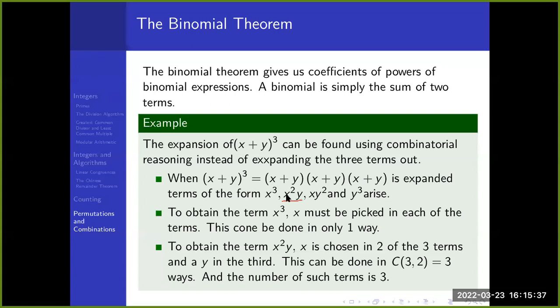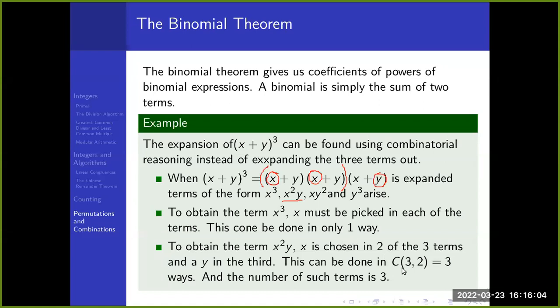So the next term we have is x squared y. Now, if I want to get x squared y, how do I obtain this? There are a number of ways I can do this. I can pick this x and this x to get my x squared, and then I will multiply that by y to get x squared y. That gives me 1, right? So I have to pick 2 factors out of the 3 to give me my x squared.